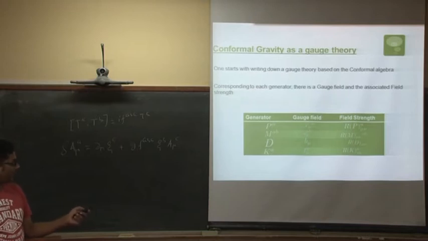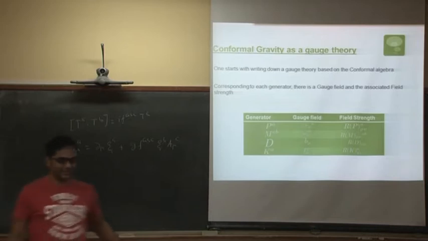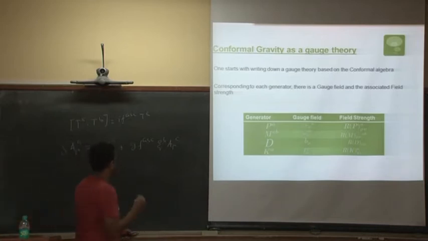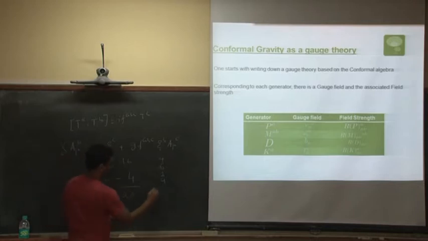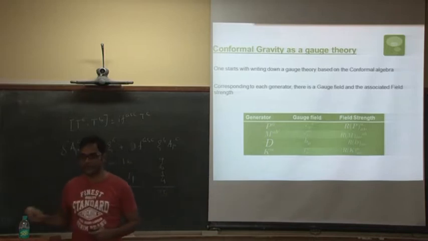And the symmetries: diffeomorphism is 4, local Lorentz transformation 6, dilatation 1, and special conformal transformation 4. So this becomes 6, 4, 10, 12, 14, 15. So totally you have 5 off-shell degrees of freedom, 20 minus 15.